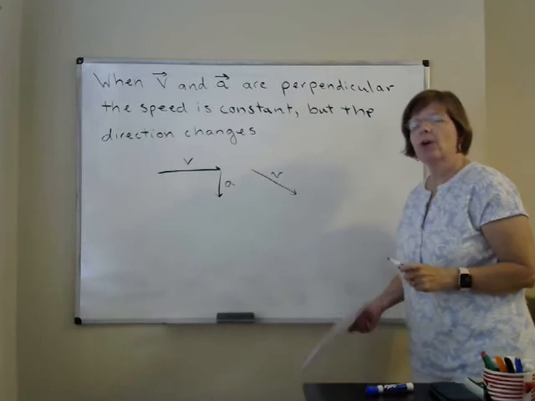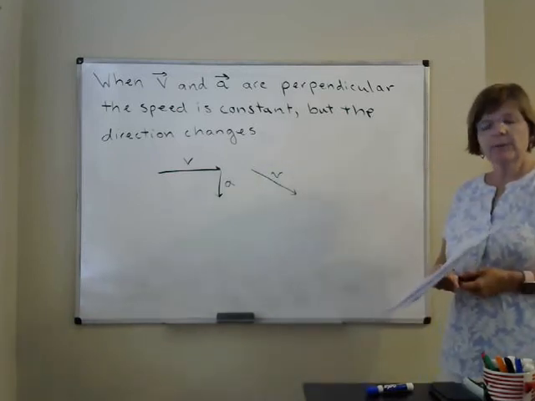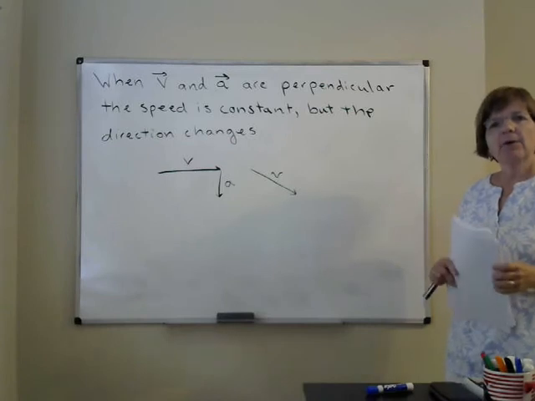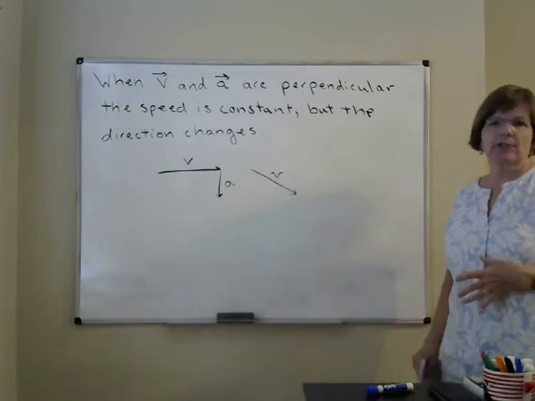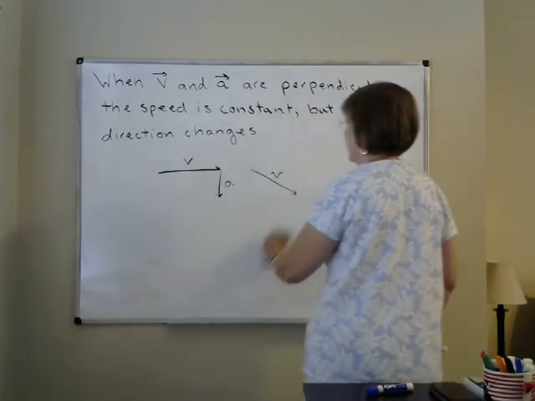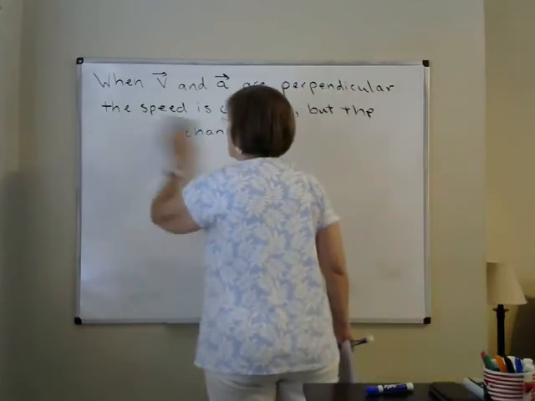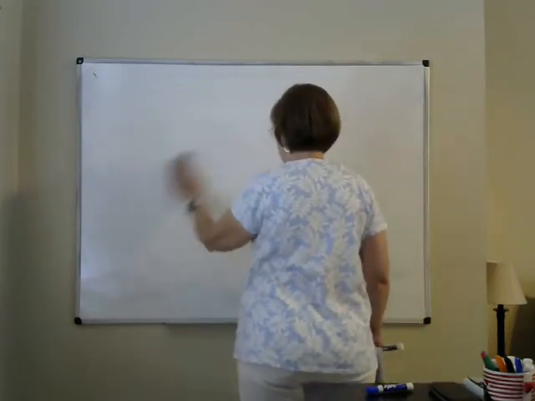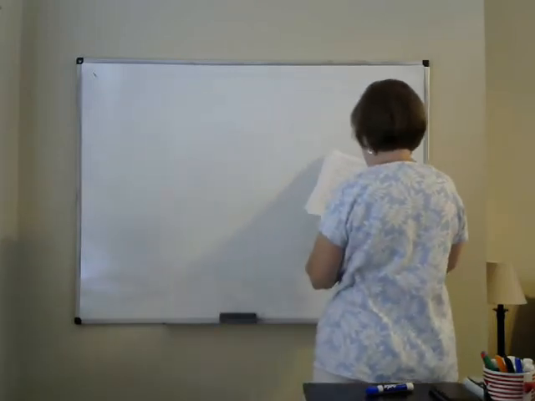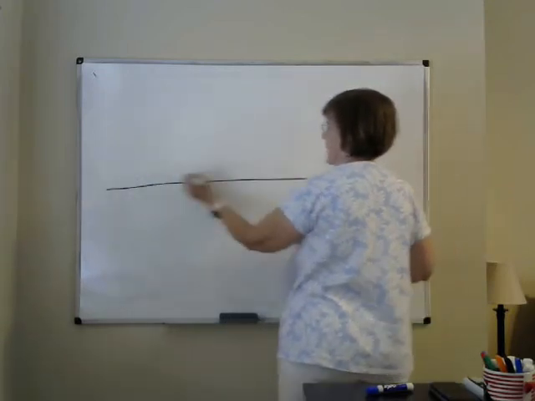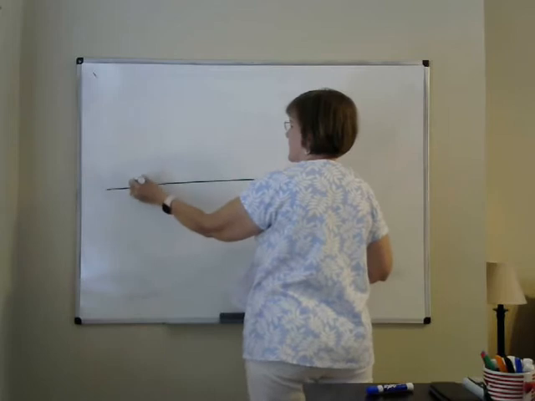Now, if they're not parallel and they're not perpendicular, which could happen a lot of times, then both the speed and direction of the velocity can change. If we think about kicking a football, when you kick a football, the path of the football looks something like this.